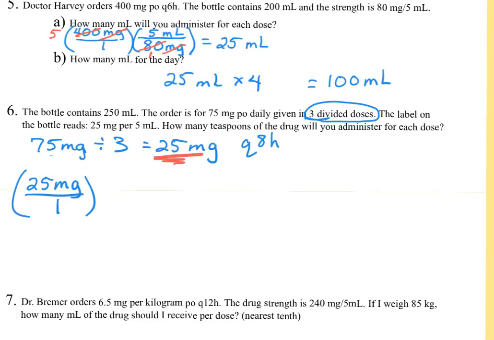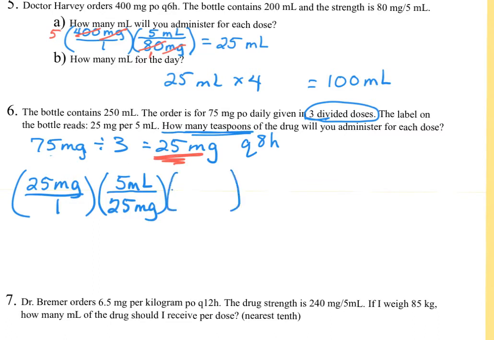Okay, we are giving a liquid here because it says we have 25 milligrams per 5 milliliters. We're going to use that information to form a ratio, a conversion factor, of 25 milligrams in the denominator and 5 milliliters in the numerator. Taking this a little bit further, notice we're asking how many teaspoons of the drug we will administer.